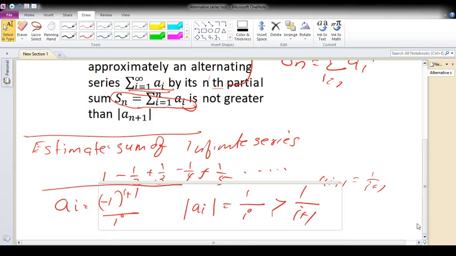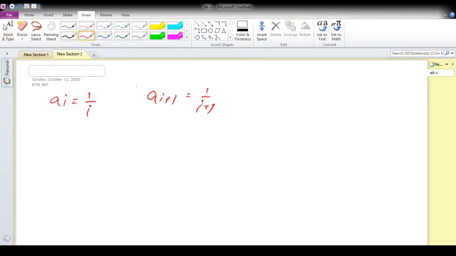So we can say the terms of our infinite series are decreasing.